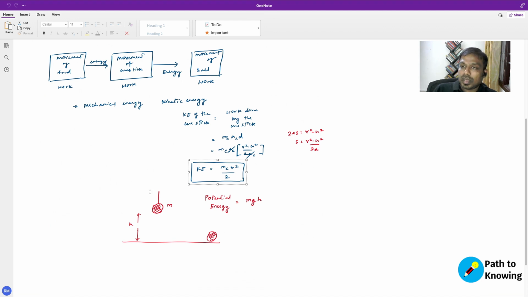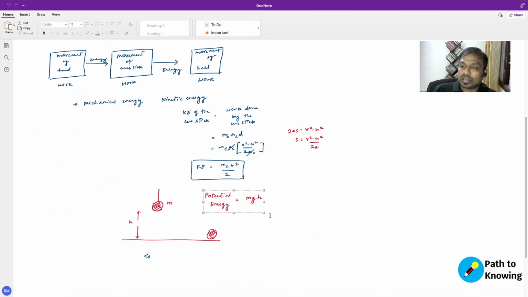So that's why I meant that the mechanical energy of a particular object is actually a sum of both the kinetic energy plus the potential energy of that particular object. So to summarize, your total mechanical energy is equal to the kinetic energy plus the potential energy of that particular object.